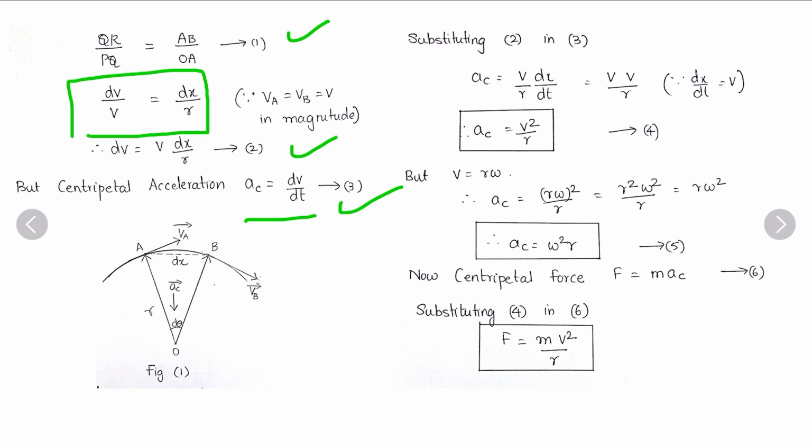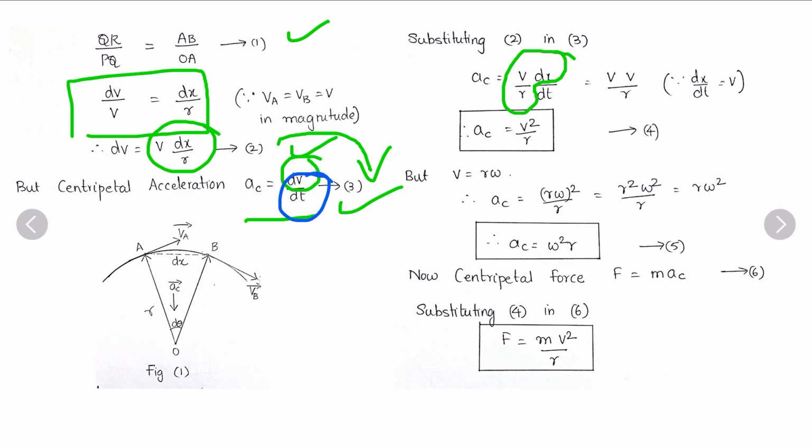Now substituting 2 in 3. In AC is equal to dV by dt, in place of dV we write V dx by R, and dt was already there.